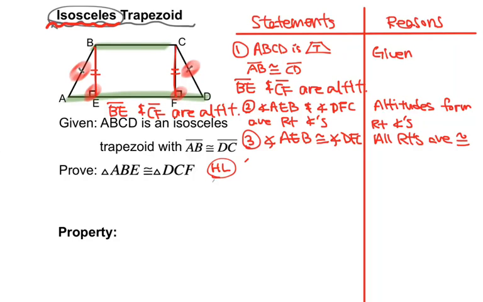All right, let's move on to step number 4. So here what do we get? Also, BE is congruent to CF. Why? Because distances between parallel lines are congruent. Now then we have to talk about parallel lines.